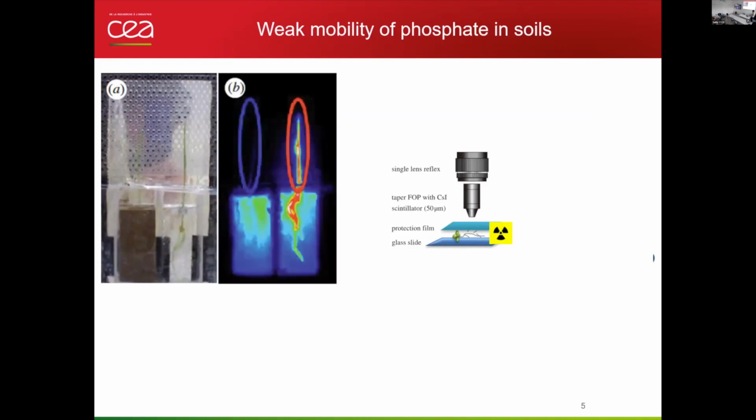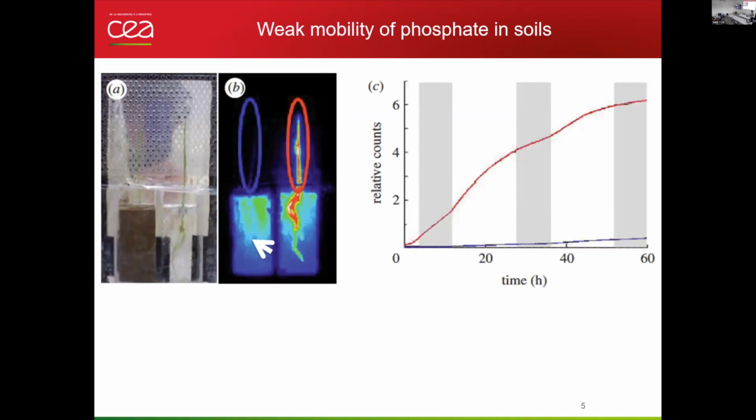So if you provide the same amount of radioactivity and you mix it with the soil or the water, you can, with the camera, record over time the entry into the leaves of the plants, and you can see that the soil-growing plants absorb phosphate very inefficiently compared to plants growing in liquids.